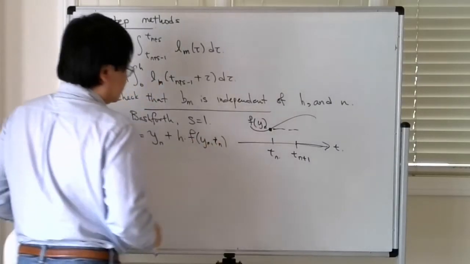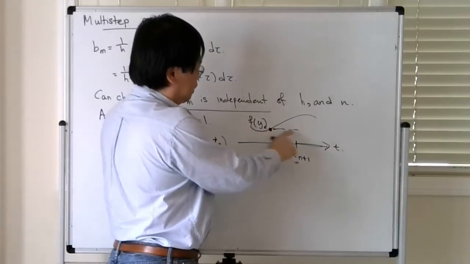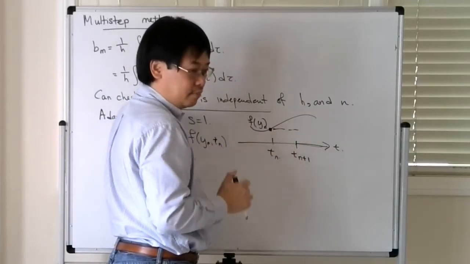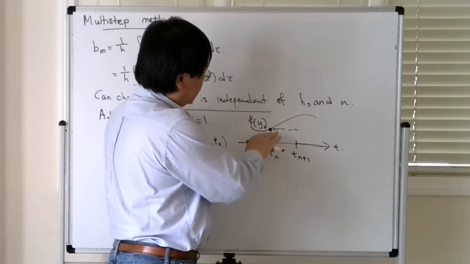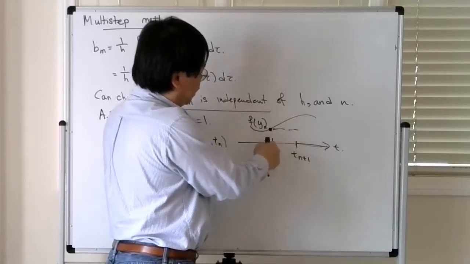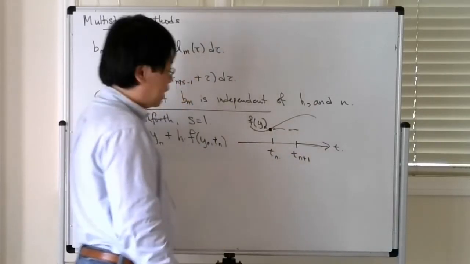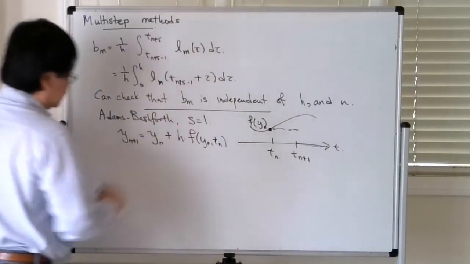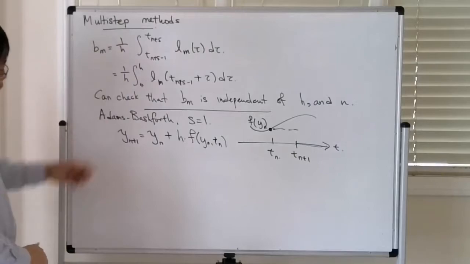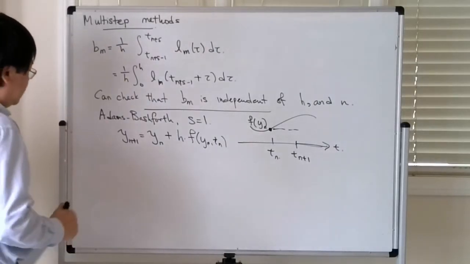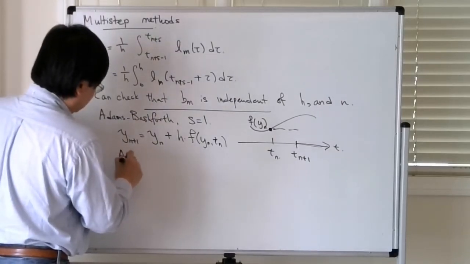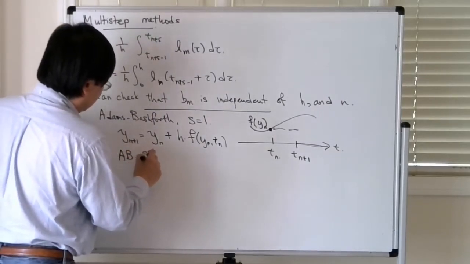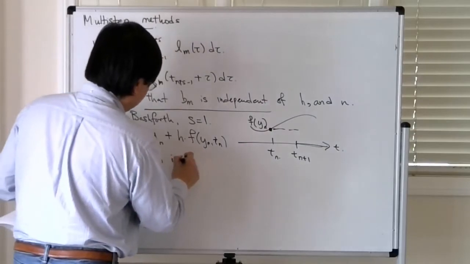That's because you are only able to construct this polynomial approximation of f from this one value which you have, which is y at tn. So the only possibility you have is something like this. In the s equals 1 case, all you're really left with is the Euler method. So Adams-Bashforth for s equals 1 is the Euler method.